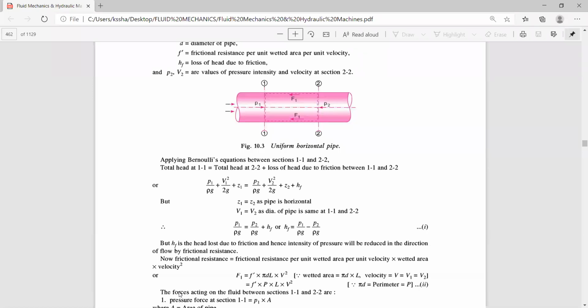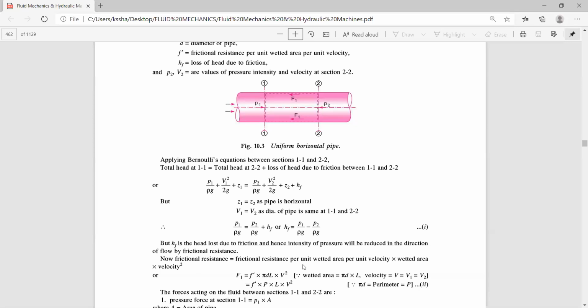So what we are trying to say is HF is the head loss due to friction and hence intensity of pressure will be reduced in the direction of flow by frictional resistance. Now, what is the formula to calculate frictional resistance?